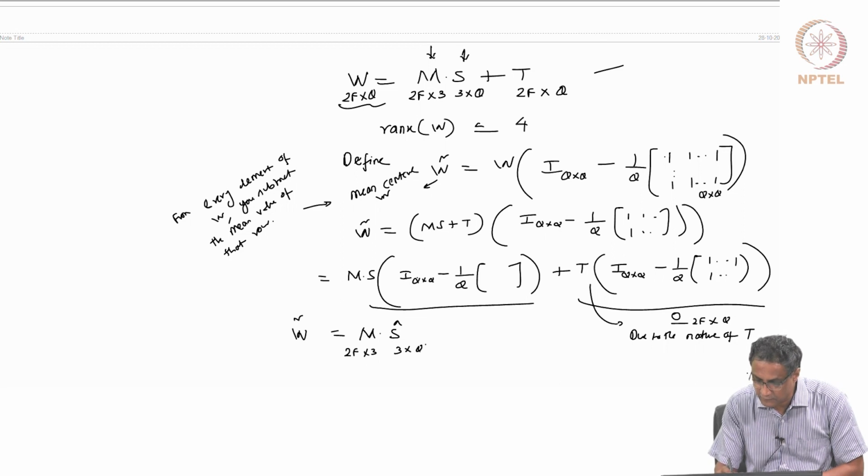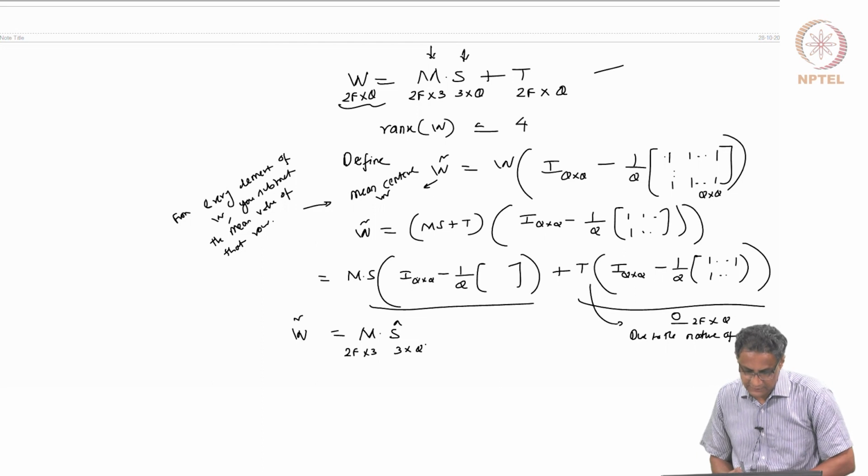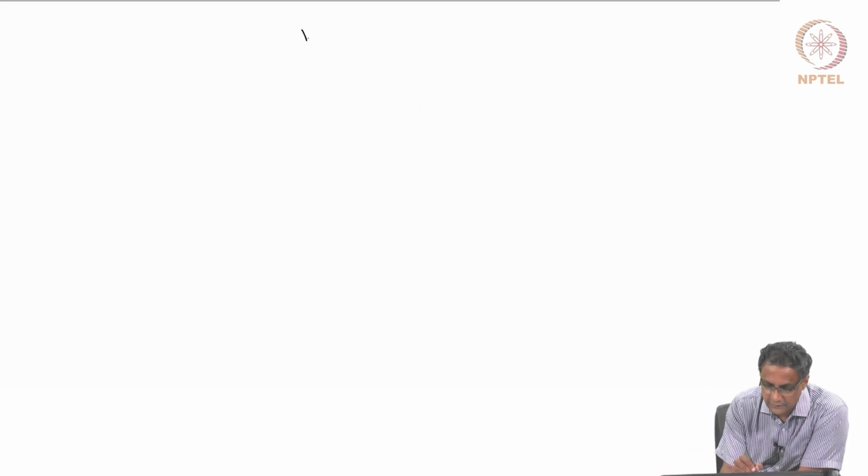Now, as always, we would want to look at the SVD of W tilde. First of all, what is M into S hat?